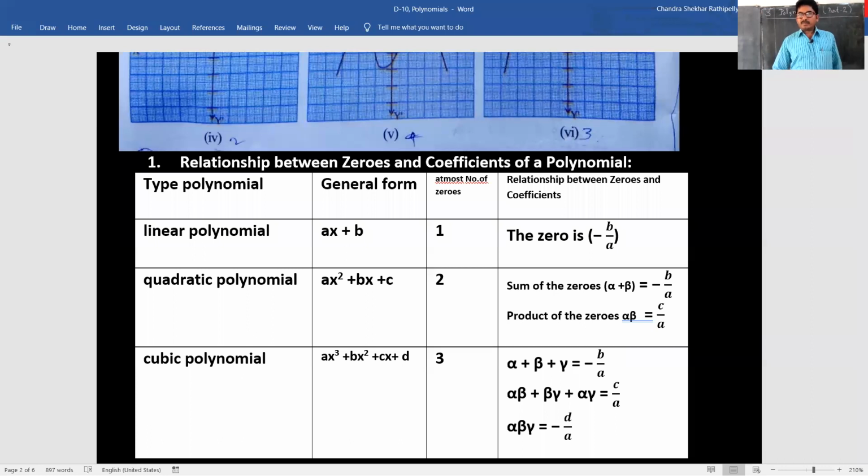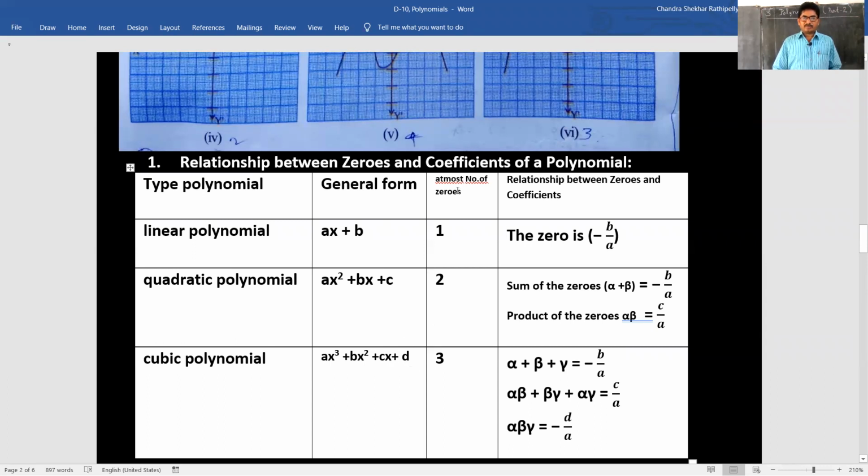Right, children. Next, this is very, very important in this chapter: the relation between zeros and coefficients of a polynomial. We already know the types of polynomials: linear, quadratic and cubic, with general forms ax plus b, ax square plus bx plus c, ax cube plus bx square plus cx plus d.